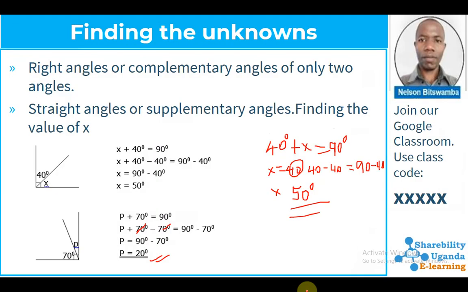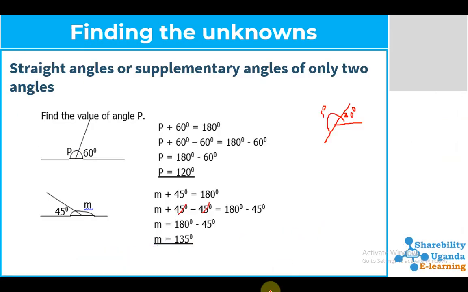So we can solve this solution by saying we have our s. So our s plus the 30 degrees we shall be able to equate to our 360 degrees.